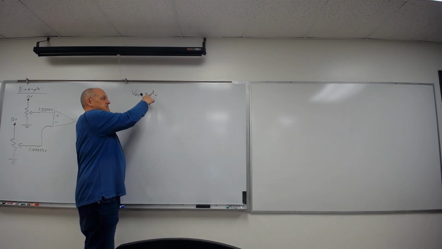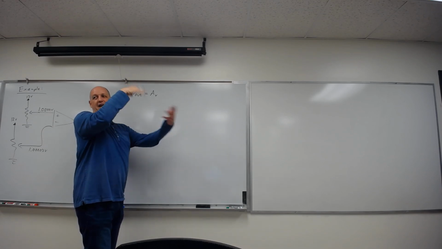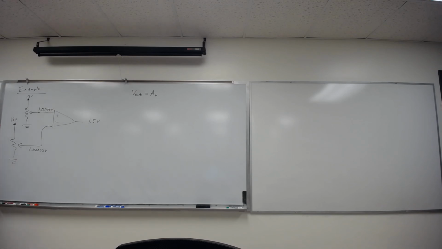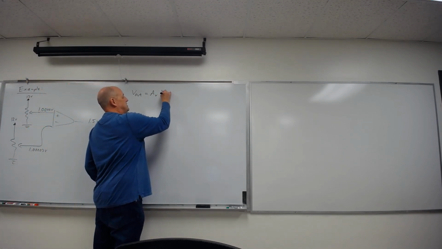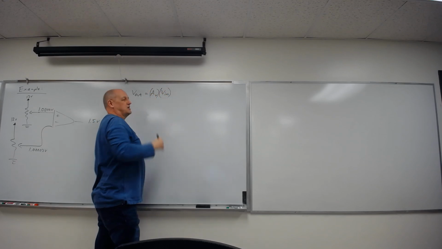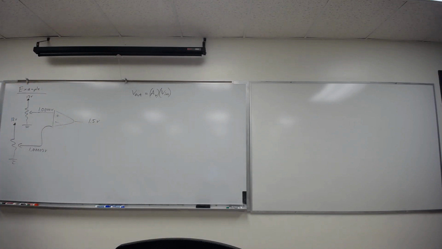By the way, sometimes they use a capital G, which would probably make more sense, but most texts use the A, which is amplification, sub V for voltage, so we're not looking at current or power, times the input. So this is really just two variables, right? We're engineers, we like our subscripts to make things as clear as possible, as long as you know what the subscripts are. So I have my gain times my input.